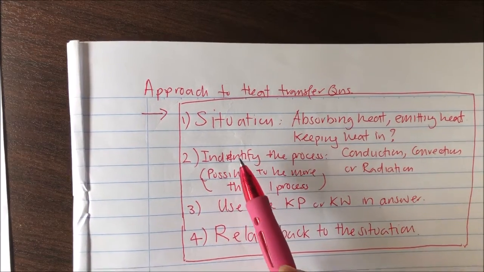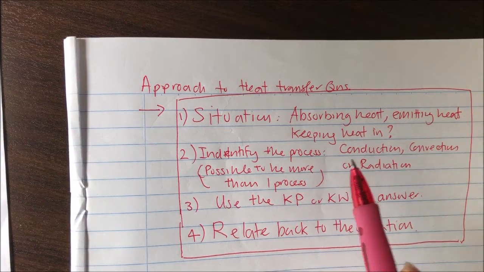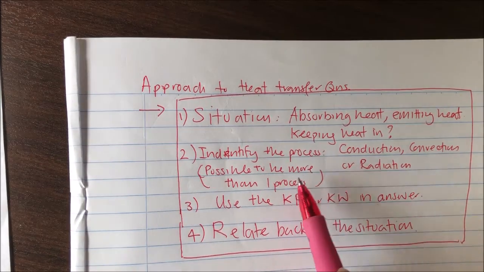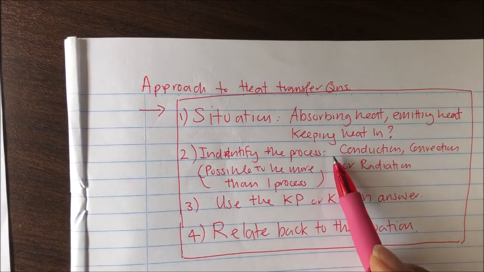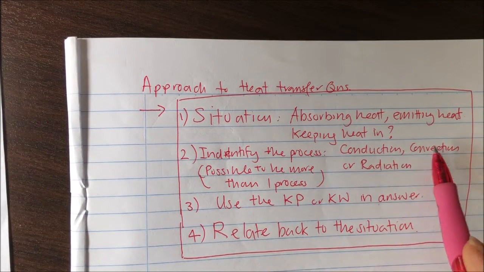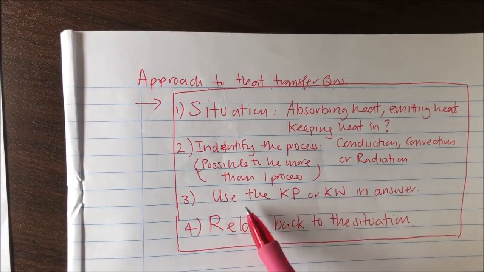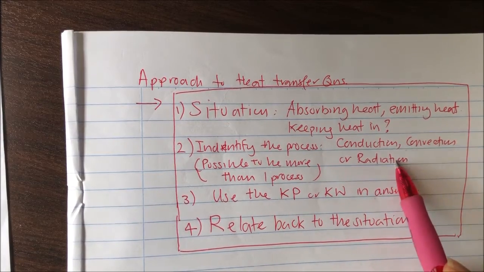Then after you have read the situation, look at the diagram. Usually the diagram gives you lots of clues as well. Identify the processes involved. There may be more than one process: it may be conduction, convection or radiation, maybe all three. Once you have identified the process, think about the key phrases, or keywords, associated with it.